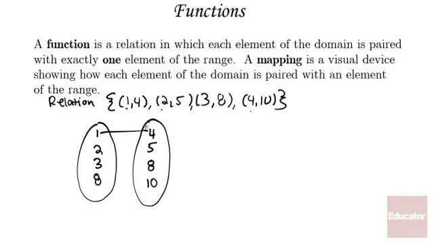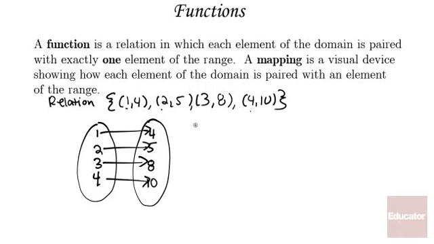So 1 corresponds to 4, or is paired with 4, 2 to 5, 3 to 8, and this should actually be 4, 4 to 10. Okay, so as you can see, there's only one arrow going from each element of the domain to each element of the range. And that tells me that I do have a function.